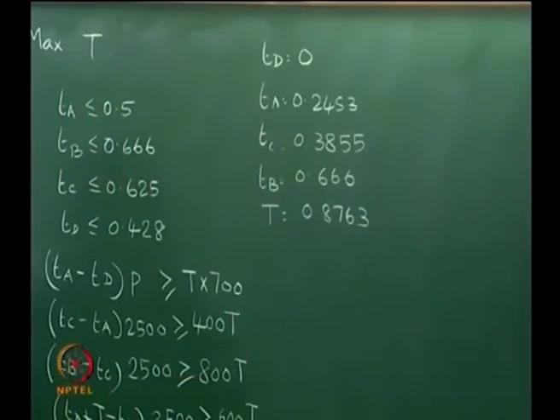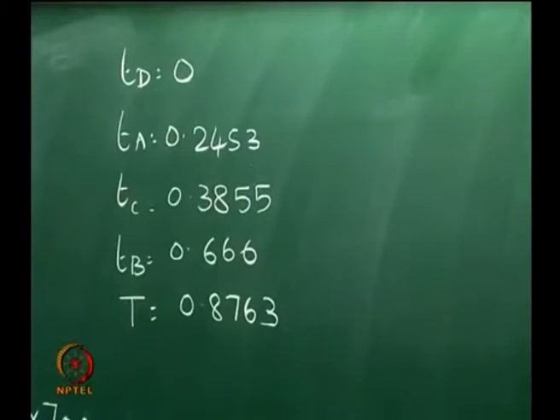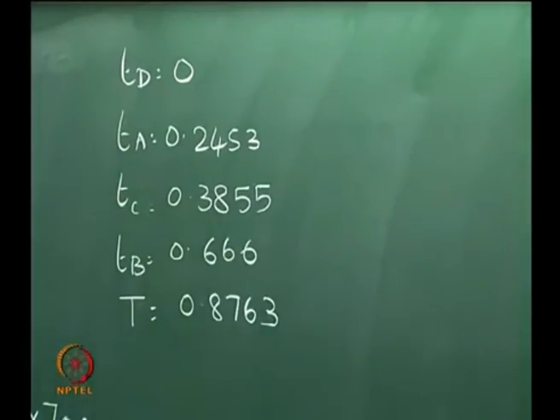All these are in months. So, this cycle will extend for about 0.8763 months and then the cycle will repeat and so on.